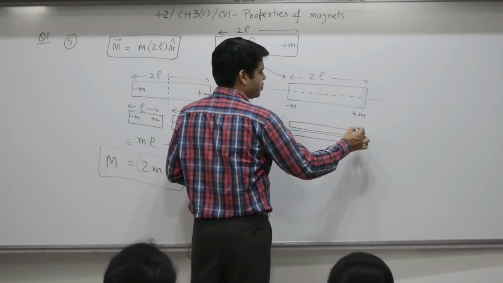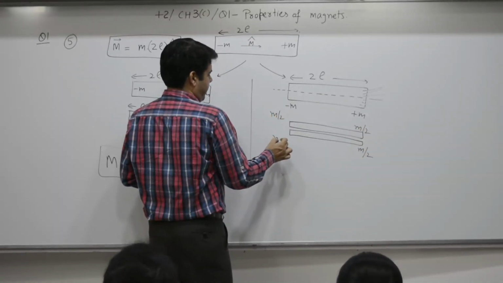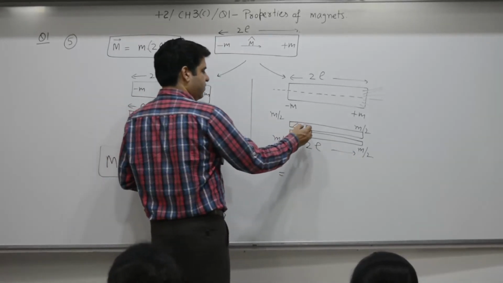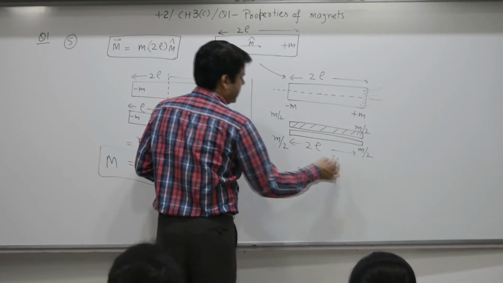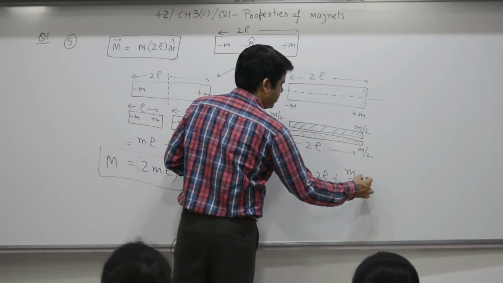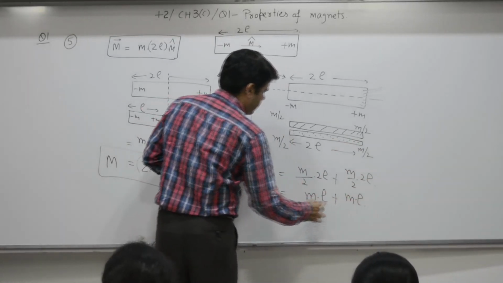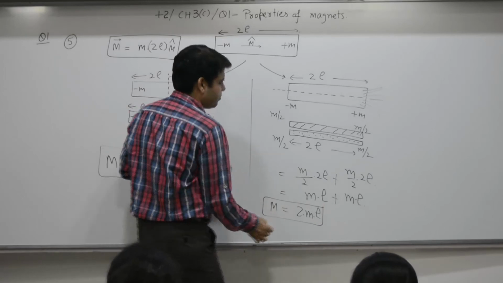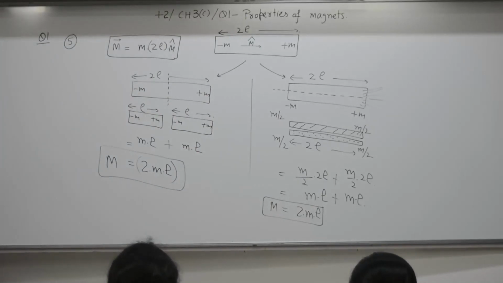That is why the pole strength reduces to half, m by 2, m by 2, and the length remains the same. So, the magnetic moment of the first part is m by 2 into 2L, plus the second part, m by 2 into 2L, it is mL plus mL, which comes out to 2mL. Again, the total magnetic moment remains the same. So, when you cut it in two equal parts, the total magnetic moment remains the same.